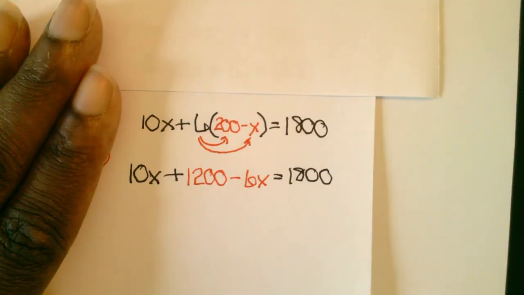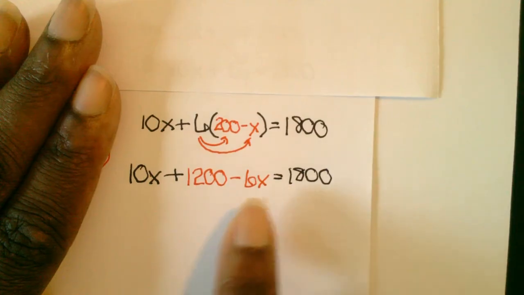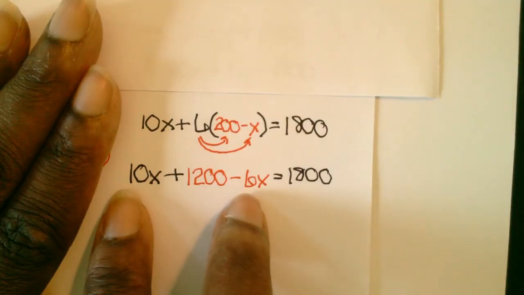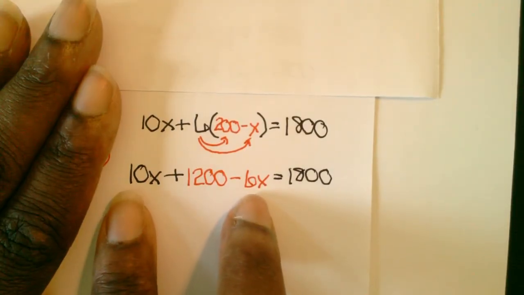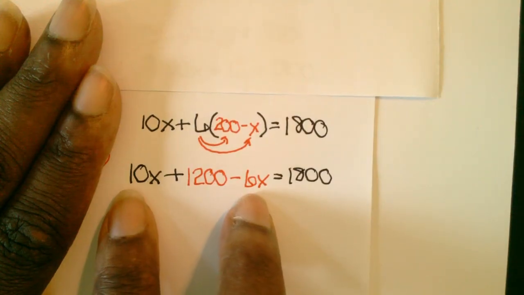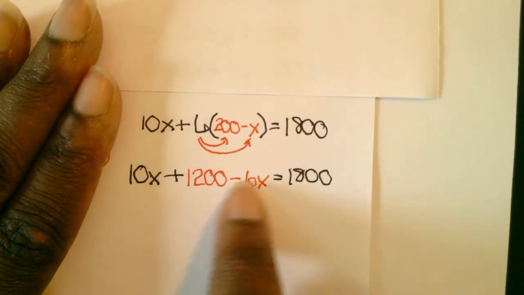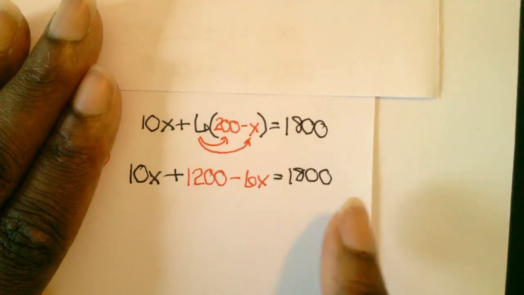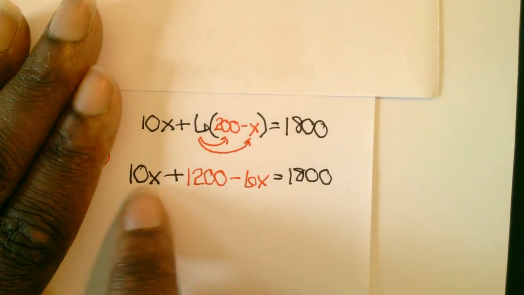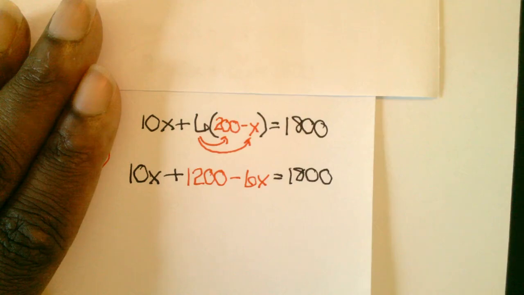Now, here's your equal sign. I notice on the same side of the equal sign, I've got like terms: 10x and minus 6x. I can combine them from here. A lot of people think, oh, I have to add 6x to the other side. No, they're on the same side. If they're on the same side, you can combine them. That's perfectly fine.